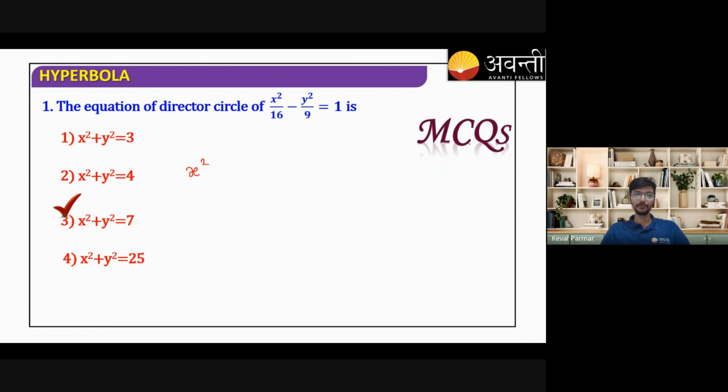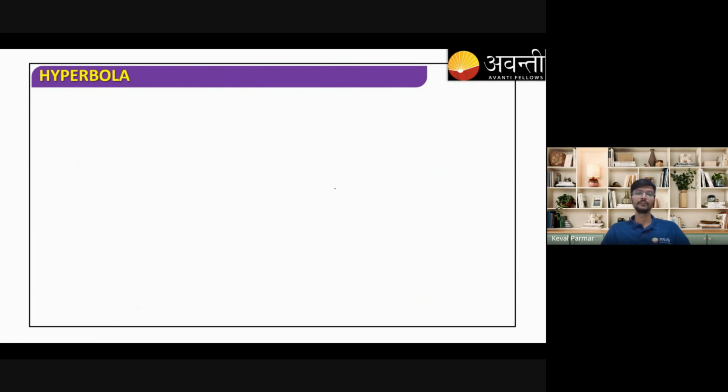I told you all to remember: x square plus y square equals to a square minus b square. So by comparing, this is the value of a square, this is the value of b square. That means it will be 16 minus 9, which is equal to 7. x square plus y square is equal to 7.